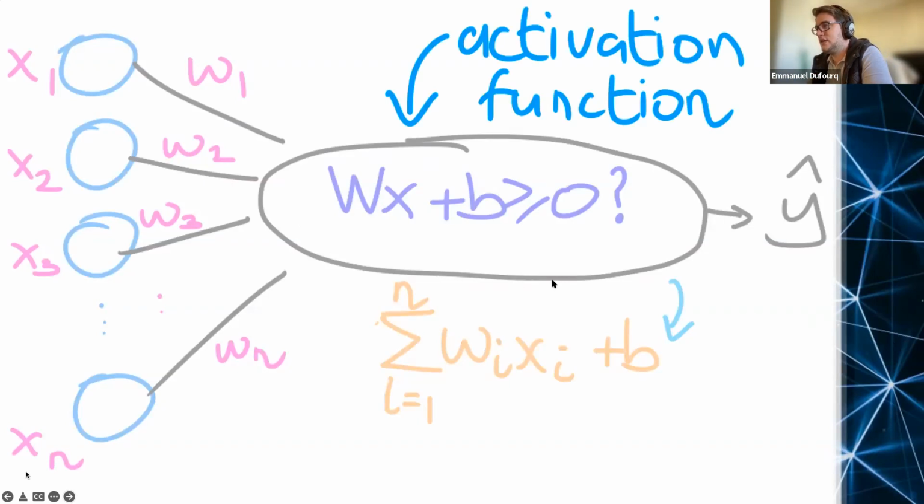Now this thing here actually has a name. In this case, we were asking ourselves the question, is it greater or equal to 0? And the process of asking ourselves, is it greater or equal to 0, which produces an output, is known as an activation function.